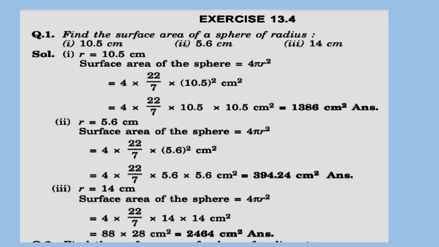We have to just use the formula for surface area of the sphere, that equals 4 pi r square. Substitute the value of pi, that is 22 by 7, and r square means 10.5 into 10.5. Calculate it correctly and then write the unit of the area, that is centimeter square. In this easy way you can solve the problems and find the surface area of the sphere.